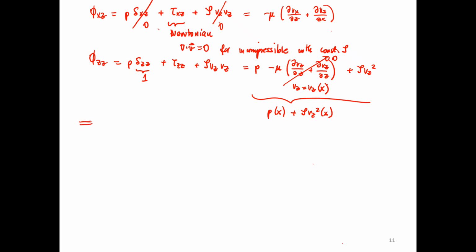So my main equation gives me minus partial x of tau xz, which I'm still going to write as shorthand tau xz, minus partial z of phi zz, which is p of x plus rho vz squared of x, plus rho g cosine beta is equal to 0.